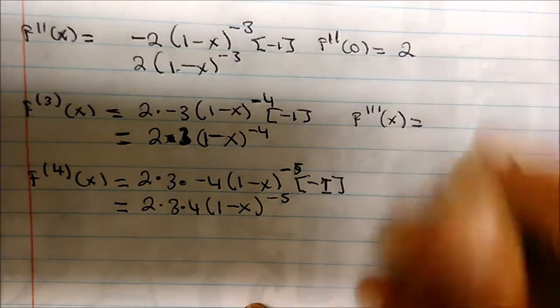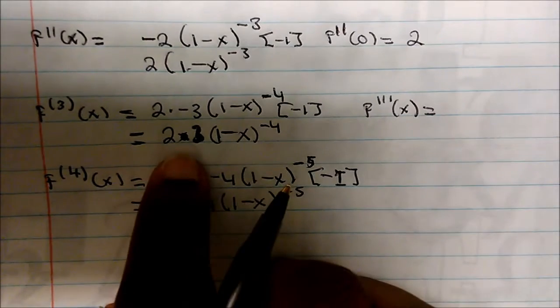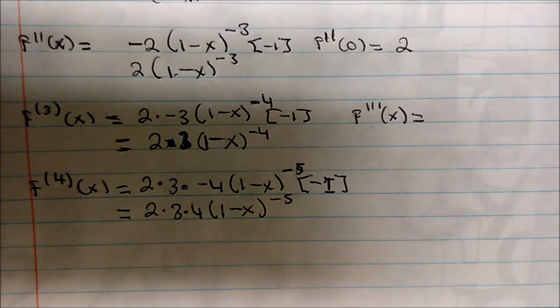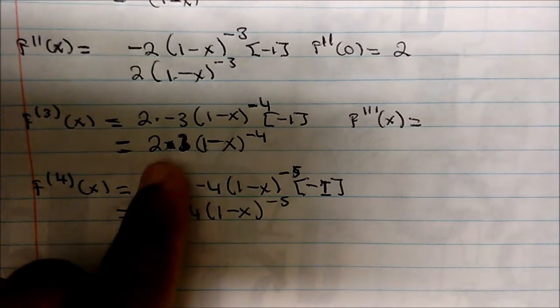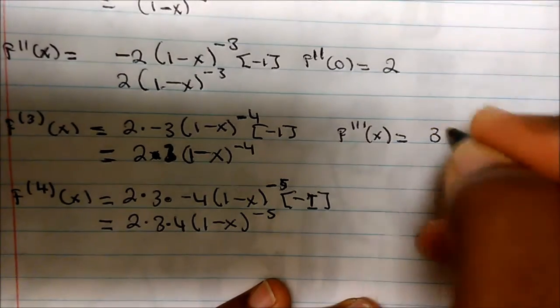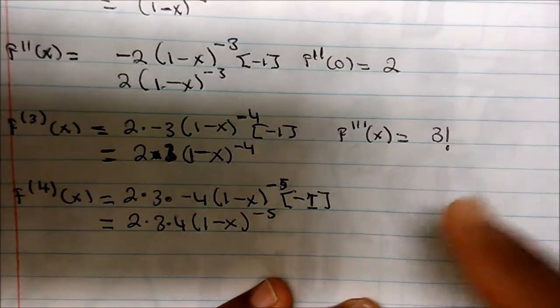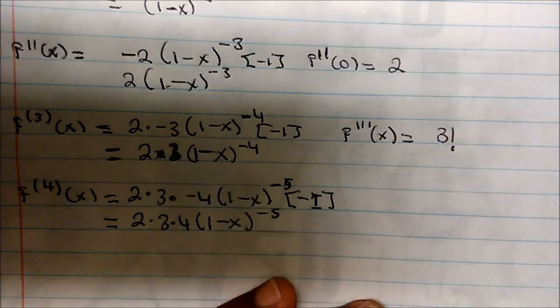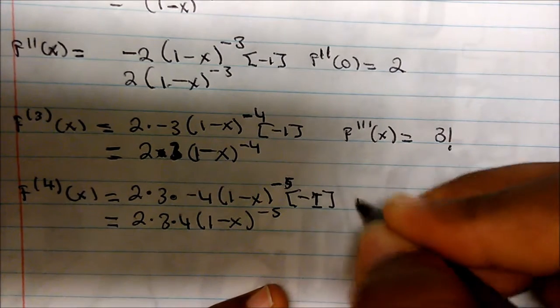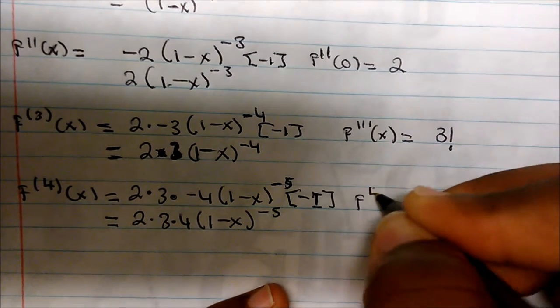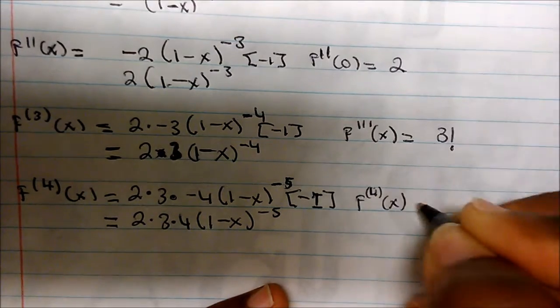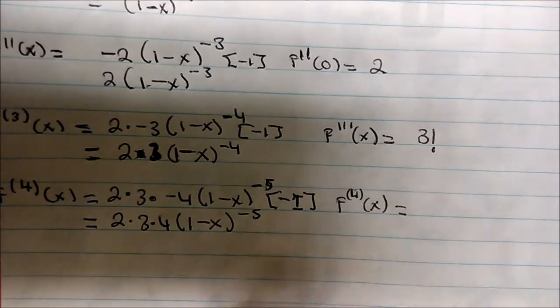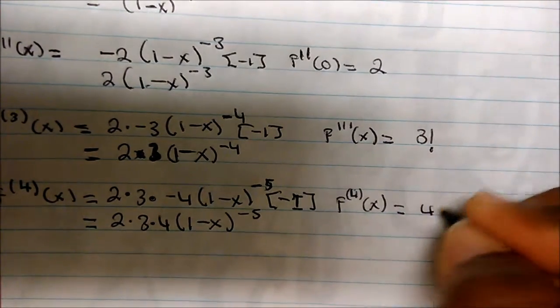So for f triple prime of x in this case, the general pattern looks as if we're getting factorials here. So 2 times 3 is actually 3 factorial. And this is the reason why I encourage you guys not to multiply these out as you're doing the derivatives. The fourth derivative in this case will actually be 2 times 3 times 4, which would also be 4 factorial.